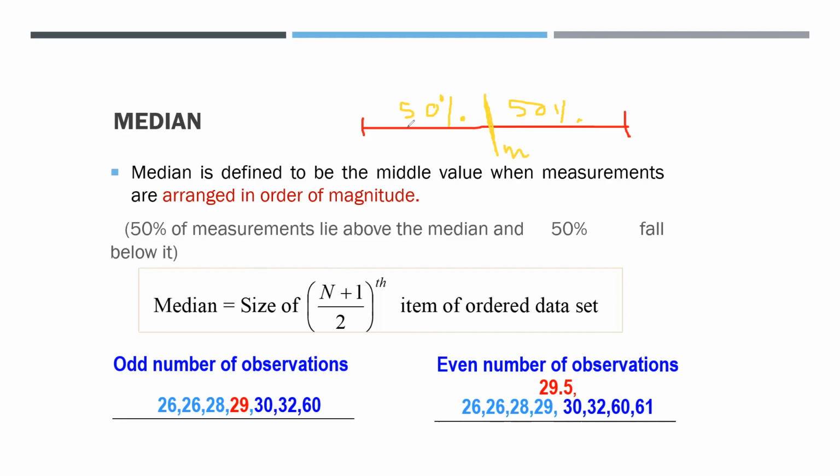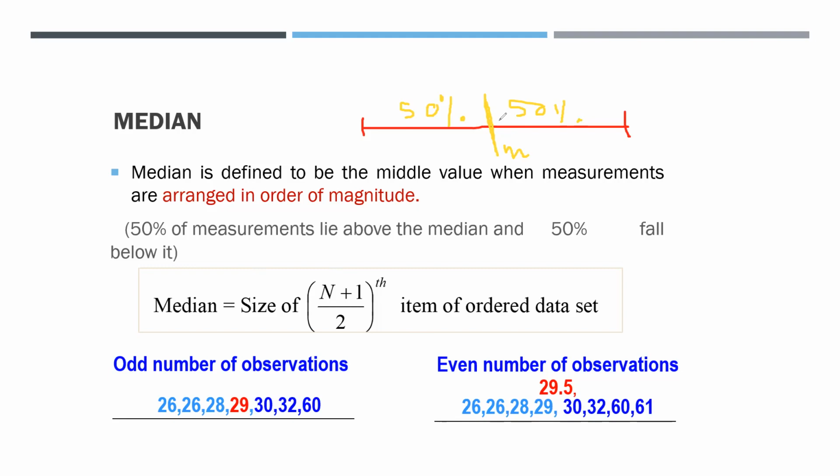So if we consider the median, there are 50% of the observations above the median, and another 50% of the observations lying below the median. That means the median is the middle point of your data set, right?